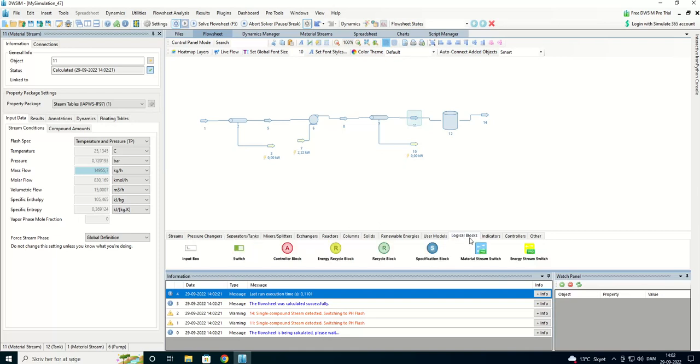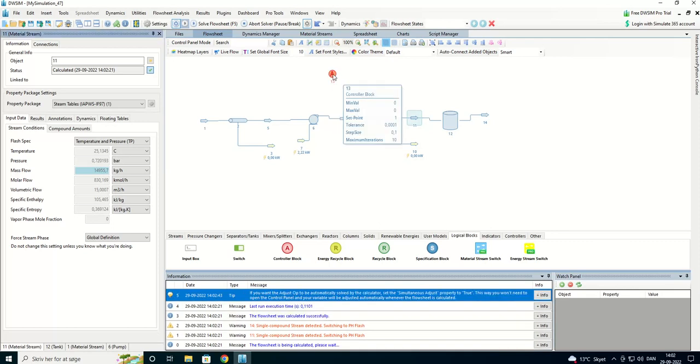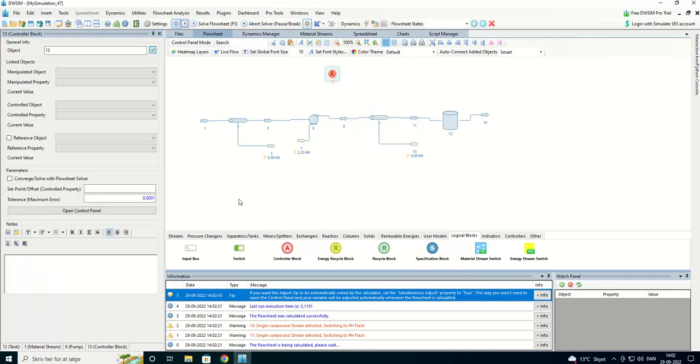I'll add a logical block. It's a controller block. I'll say, okay, what are we going to adjust? We're going to adjust the pump. It has number 6 here, and the pressure increase. It's the 4 bar, as I set it to in the start.